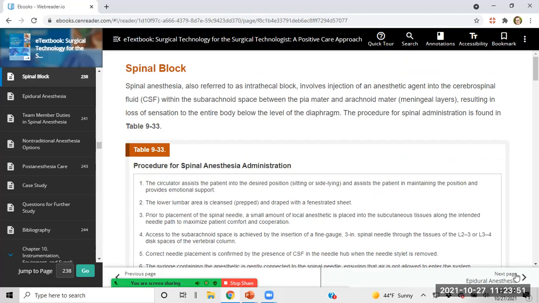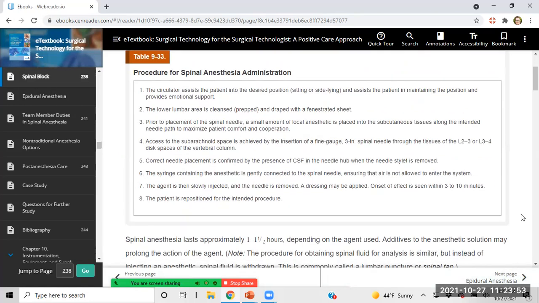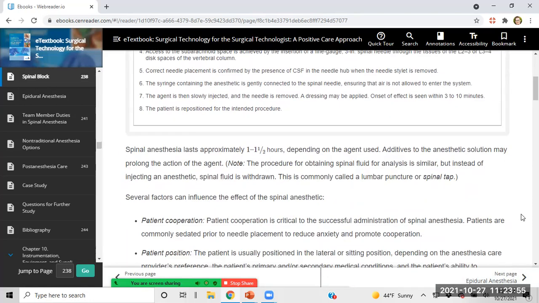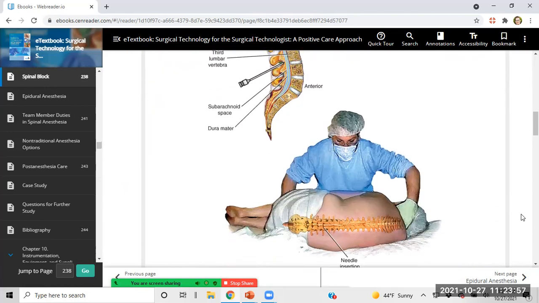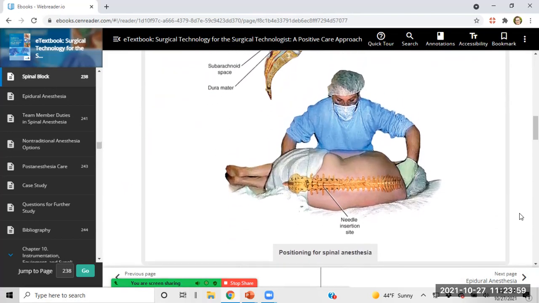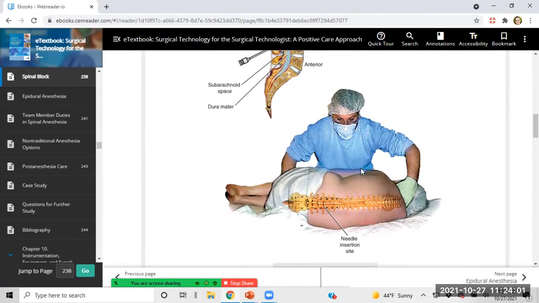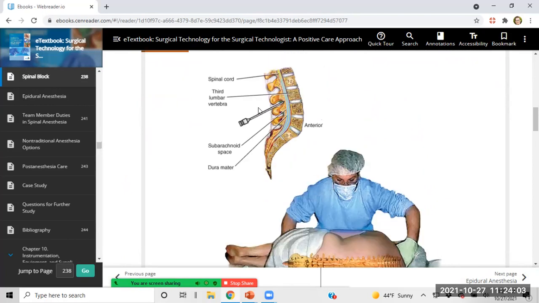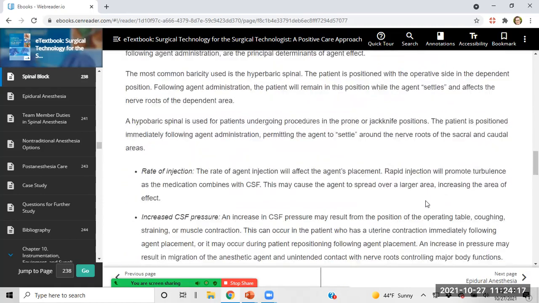Okay, so here's the procedure for the spinal anesthesia. Here is the positioning that is needed for that, because as you can see, the insertion is directly through this opening and into the cerebral spinal fluid, or if we're talking about an epidural, it's in between the meninges.